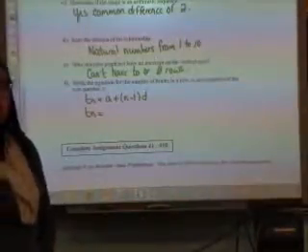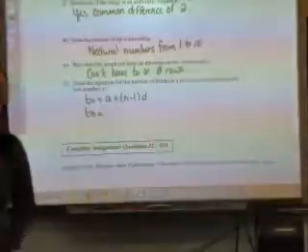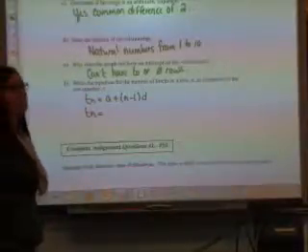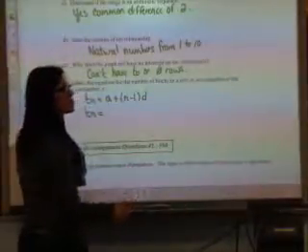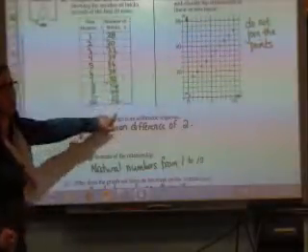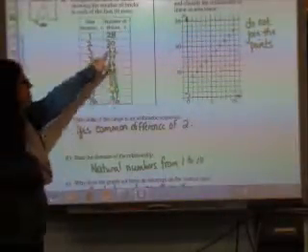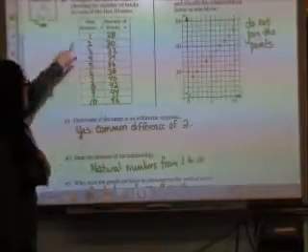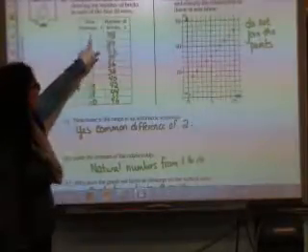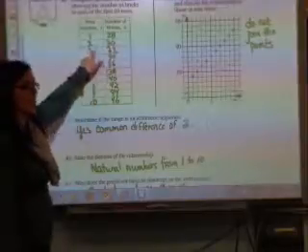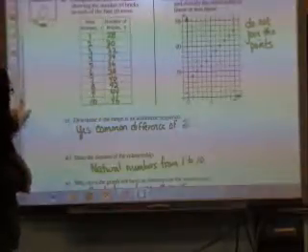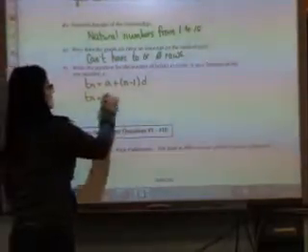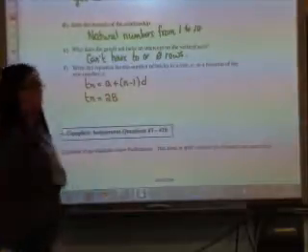What is the first term in this sequence? The first term would be 28. So this would be T of 1 equals 28, T of 2 equals 30, T of 3 equals 32, and so on.